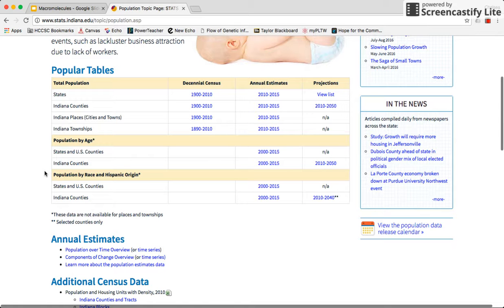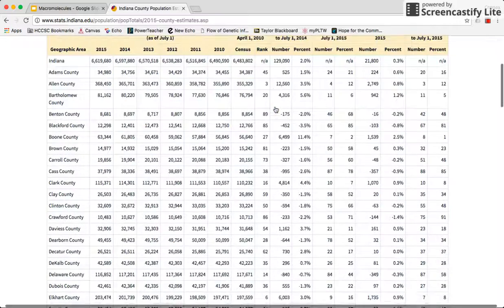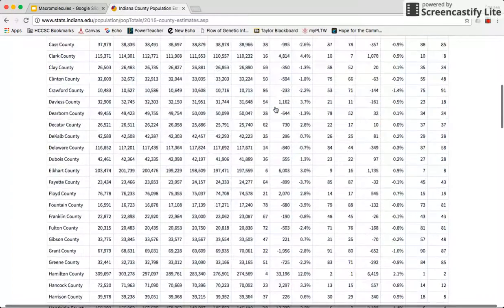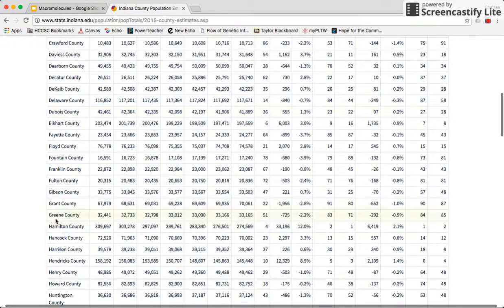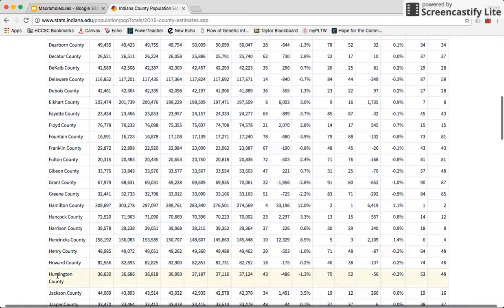So here, if you look at Indiana counties and you look at the annual estimates, you can go down by county and look for Huntington County, which we have right here.